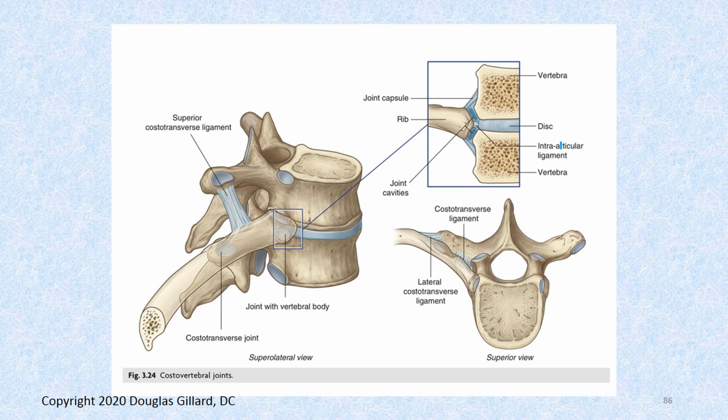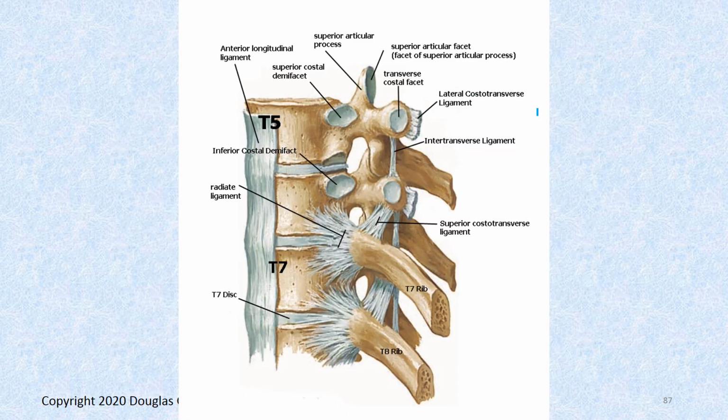Okay, there's the intra-articular ligament here. We said that connects the crest to the disc. And these are true synovial joints. They're showing the joint cavity. There's a synovium around there. And yes, a real joint can cause pain, has nociceptors in it. I think this one comes from your lab handout, but we'll go through these.